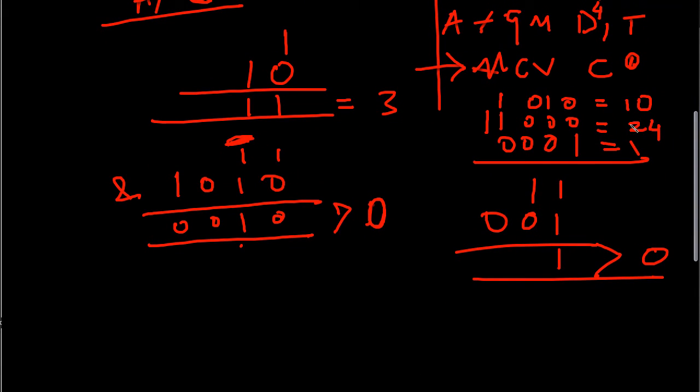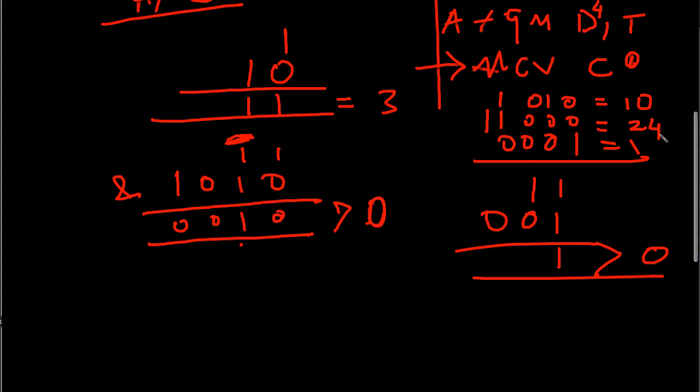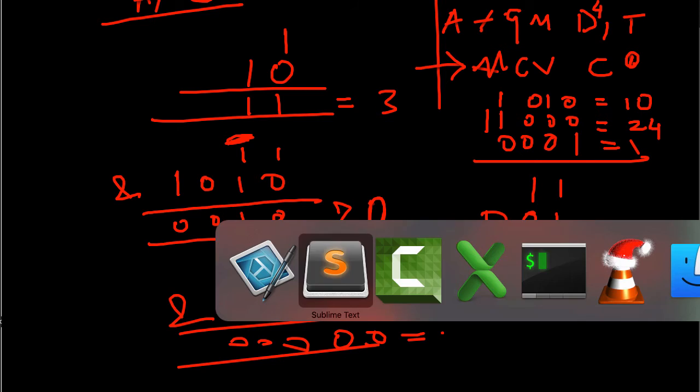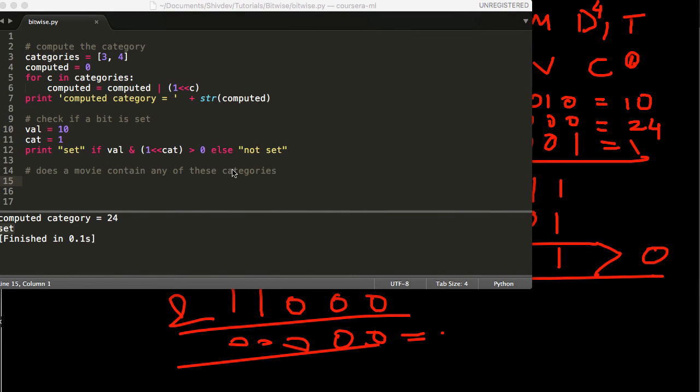Now let's do the same thing with the other movie, A Few Good Men, which was a drama and a thriller, and our choice was action and comedy. What we end up with when we AND is everything is a 0. So basically now we need to figure out all the movies that match our preference. Let's write some code for that.